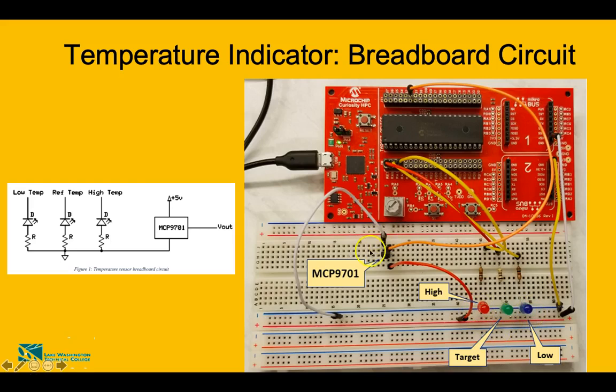Then this is your sensor, the MCP9701, and these are some of the jumper wires, and you can see how they are connected to the microcontroller, this development board. So this is just an example for this temperature indicator project.